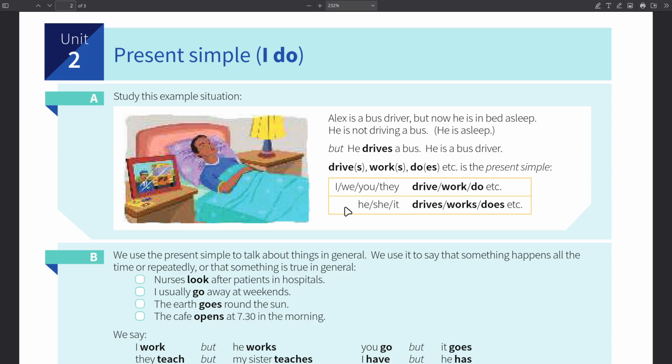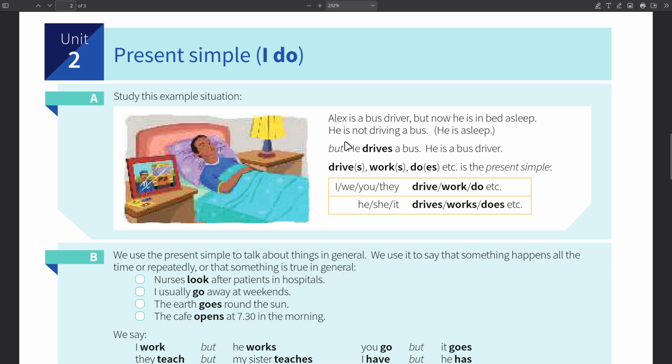Like a group of people, but a group of people who doesn't include yourself, right? We use the base form of the verb, right? But when we are talking about the third person, like he or she or it, in this case, a thing, right? We use the base form of the verb plus an s or es.